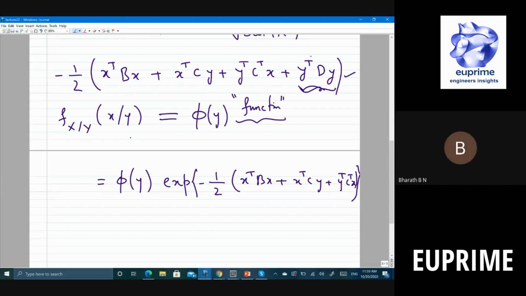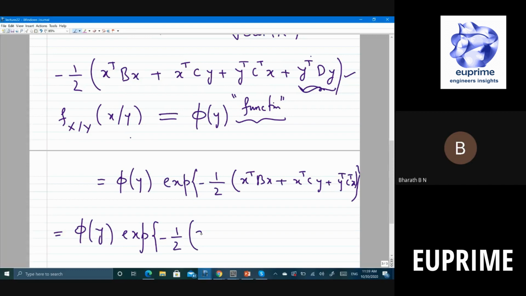Okay, so now I'll just complete the squares in the exponent to get the following. Again, I can write this as p of y, exponential of minus half. I can complete the square as follows.